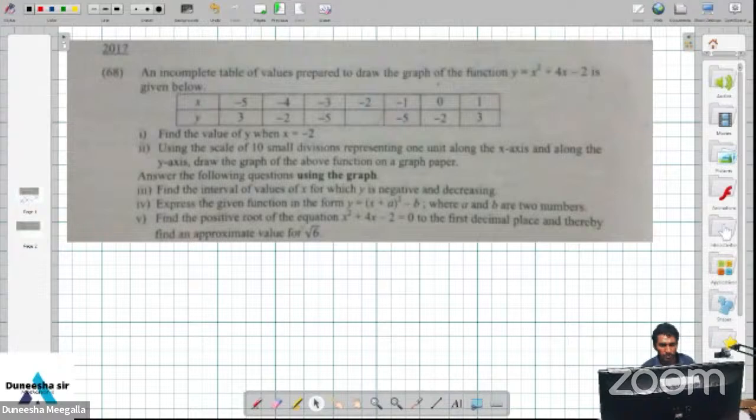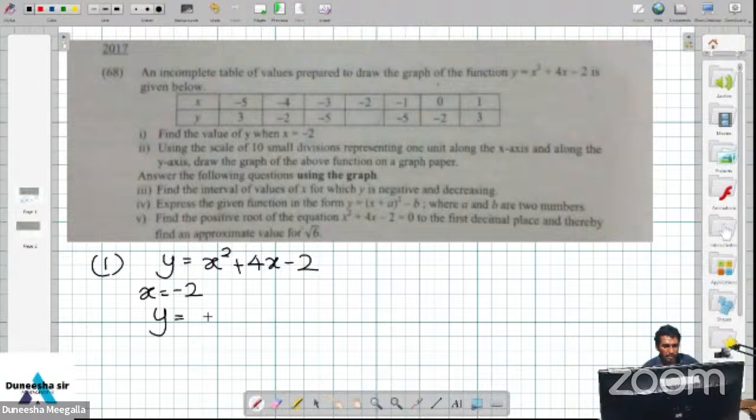Did you get the answer for the blank? Satish, did you get it? Yes sir. Okay. Y equal x square plus 4x minus 2. Find the value of y when x equal minus 2. y equal minus 2 square plus 4 minus 2 then minus 2.